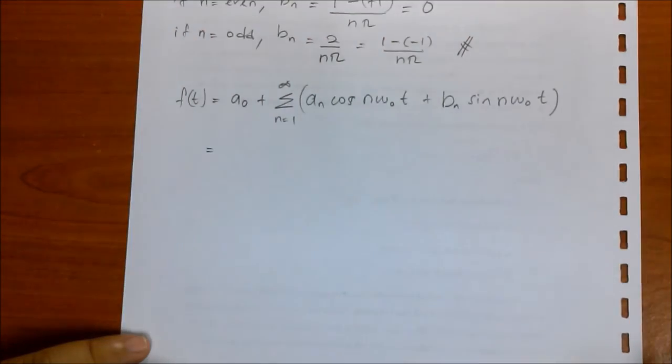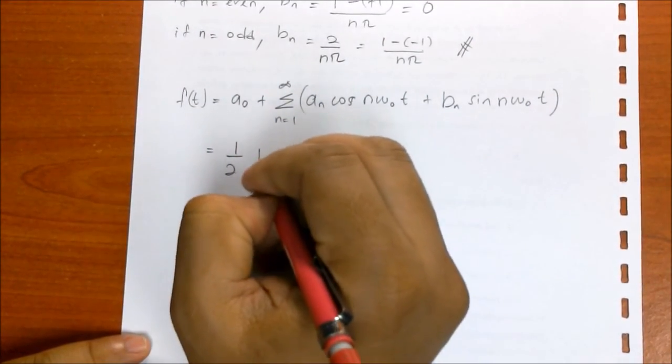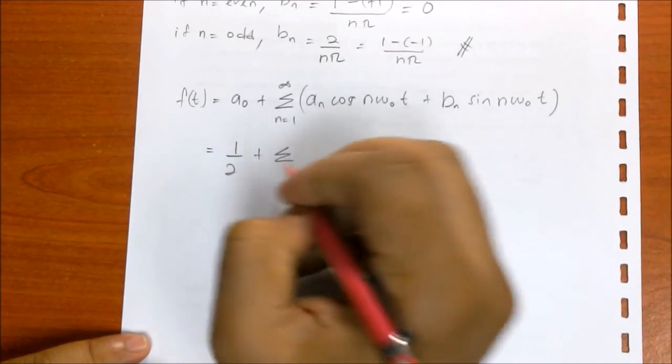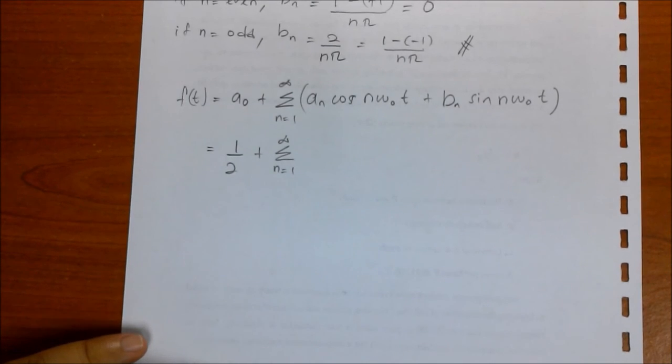So what is our a0? We have calculated that our a0 is 1 over 2, right? And what is our an?